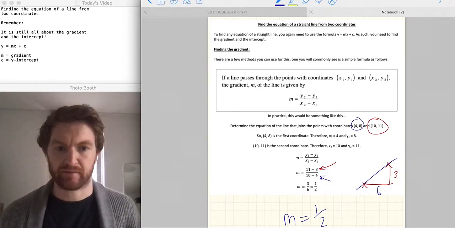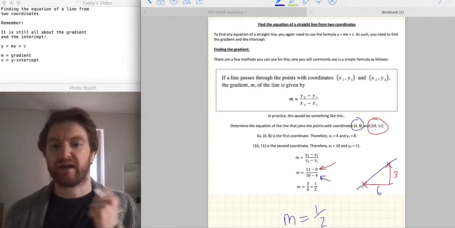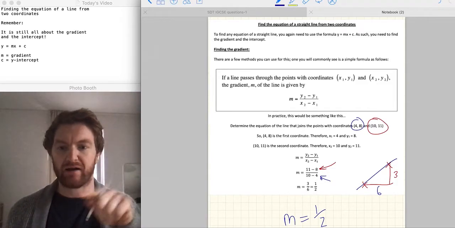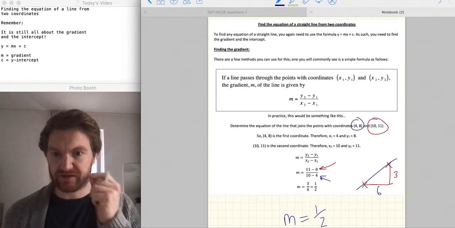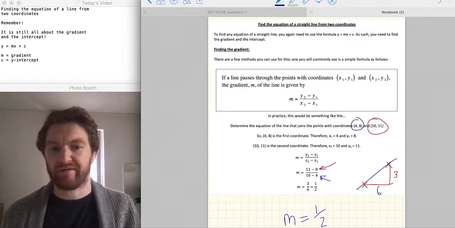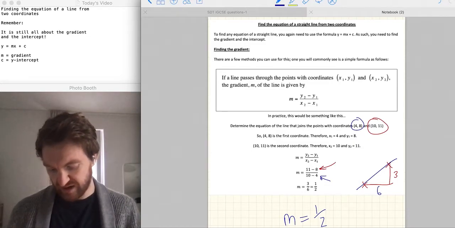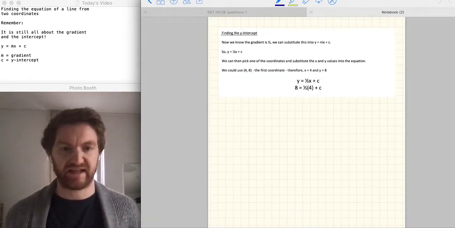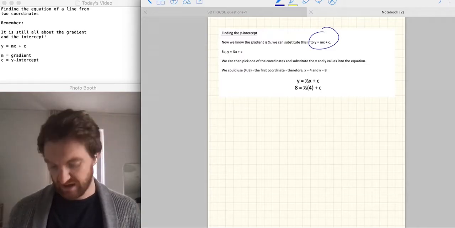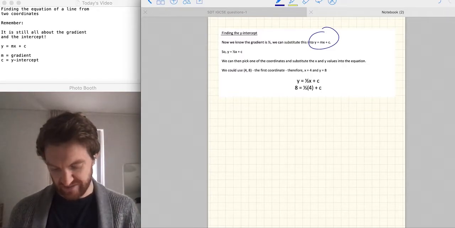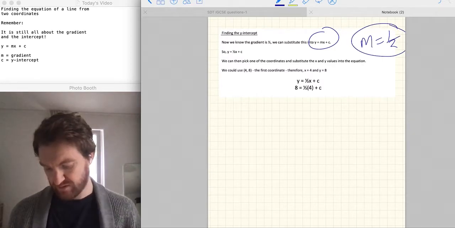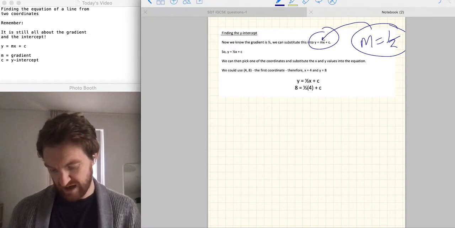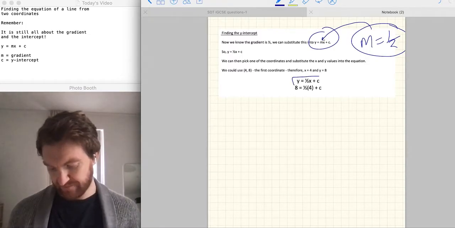But the question says find the equation, not just find the gradient. So how can we use that to find the equation? Well, we know m is a half, and we know that with a straight line we always have y equals mx plus c. We now know that m is a half, so we can put that number in for m, which gives us y equals half x plus c.